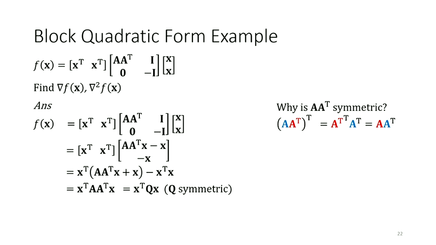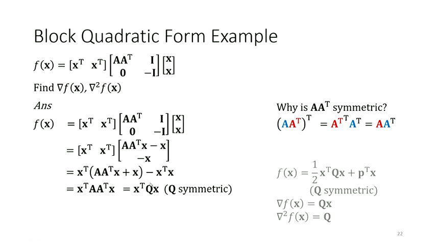What's the derivative of X transpose QX? Twice QX, right? If I had a half here, then it would have been QX, but I don't see a half here, so it's two times, right?